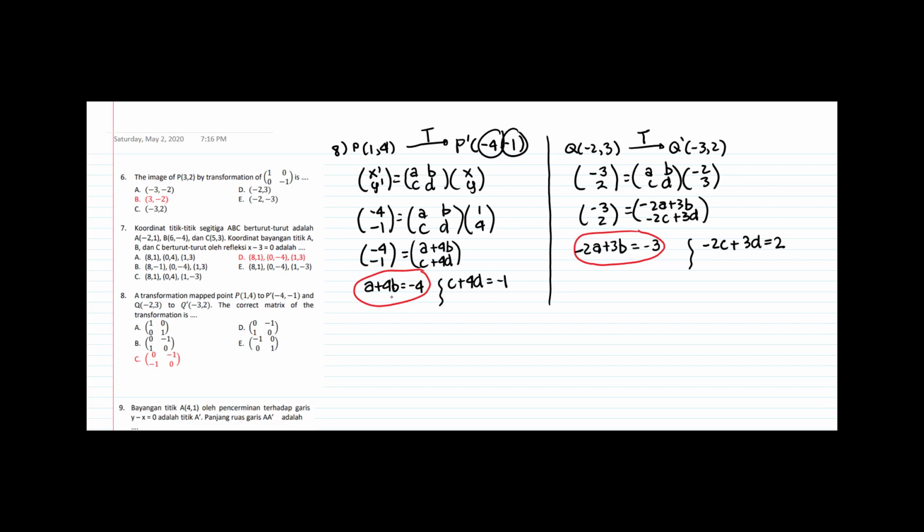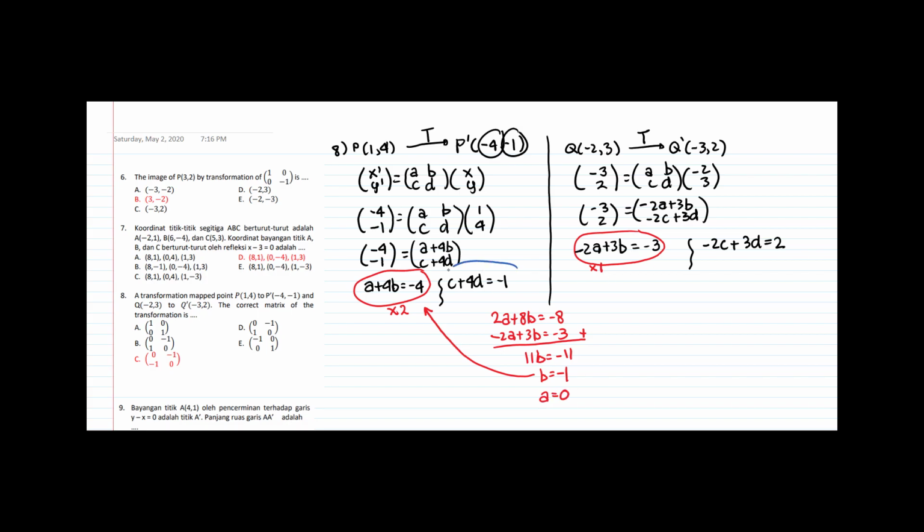For this one we times it by 2, this one times by 1. 2A plus 8B equals negative 8, negative 2A plus 3B equals negative 3. We add it, 11B equals negative 11, B equals negative 1. And then we substitute right here, we get A is 0.